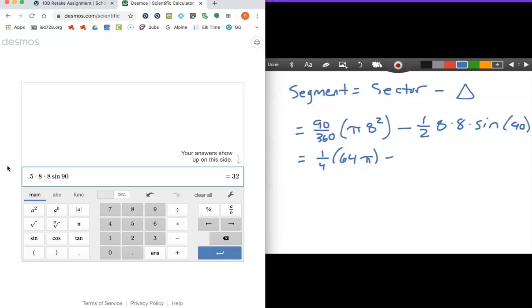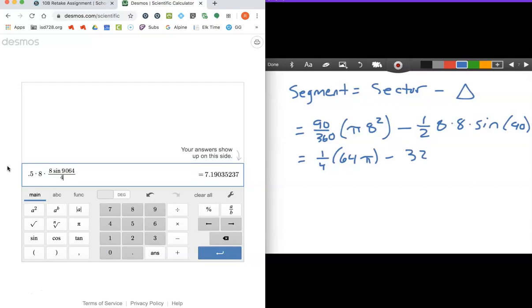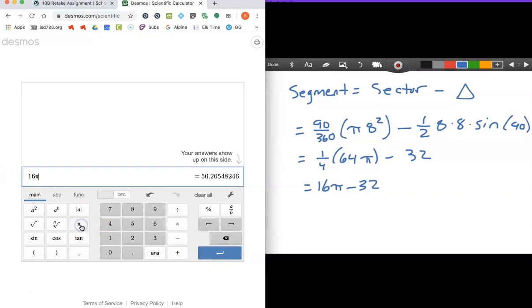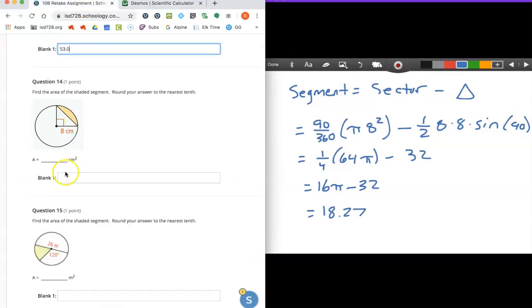So really, we get 32 for the area of the triangle. 64 divided by 4 is 16. So this is 16 pi minus 32. We're going to put 16 pi into the calculator, and we're going to subtract 32. What we get is our answer, 18.27. I think they wanted nearest tenth again, so we're going to put that in as 18.3.